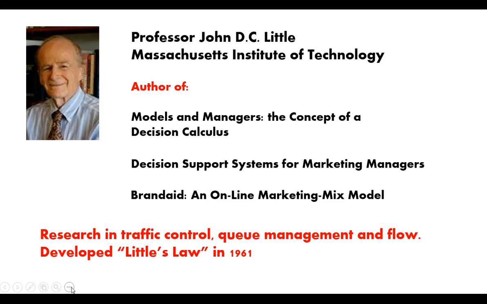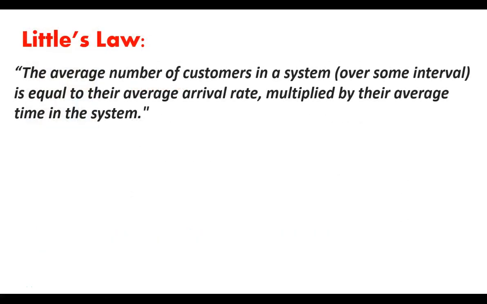Again, if you remember all of the other videos, when a lot of these dates on Lean and Six Sigma started really taking shape, you can see 1961 is a very significant window of time when he came up with Little's Law. So let's understand a little bit more about Little's Law, by somebody who spent their life understanding how things flow, how queues work, and how to manage those types of queues.